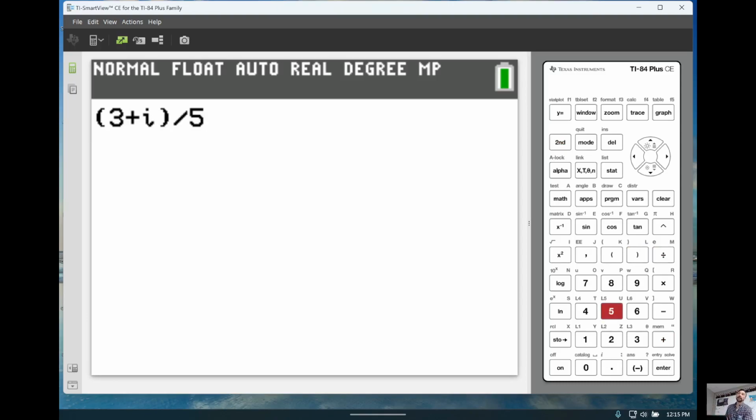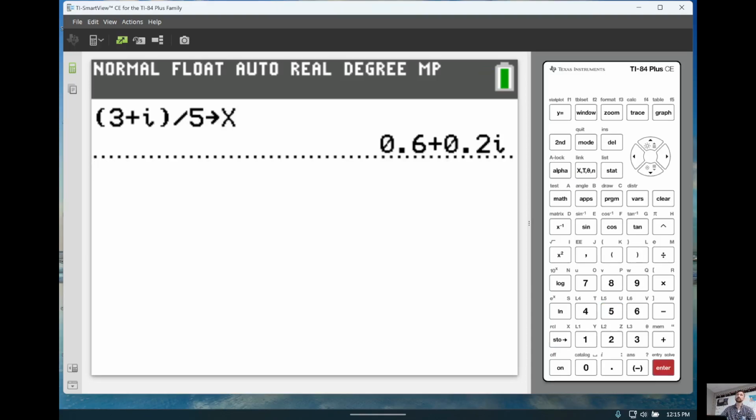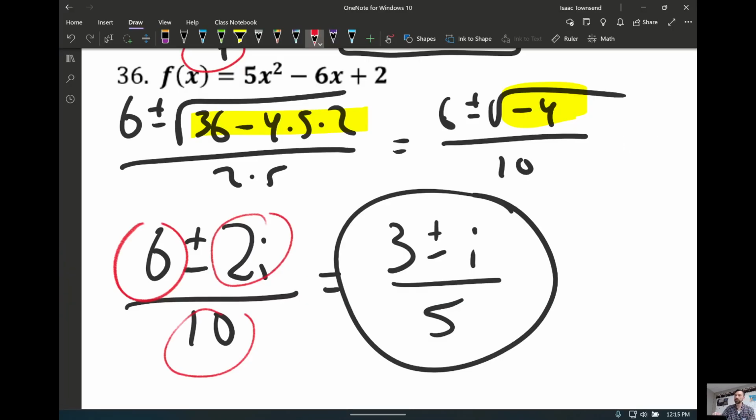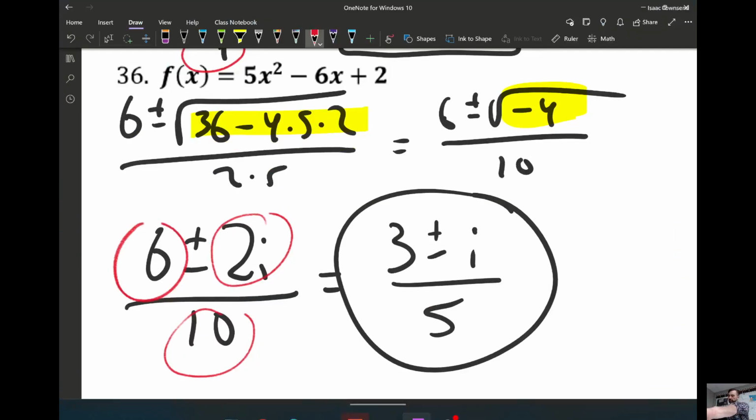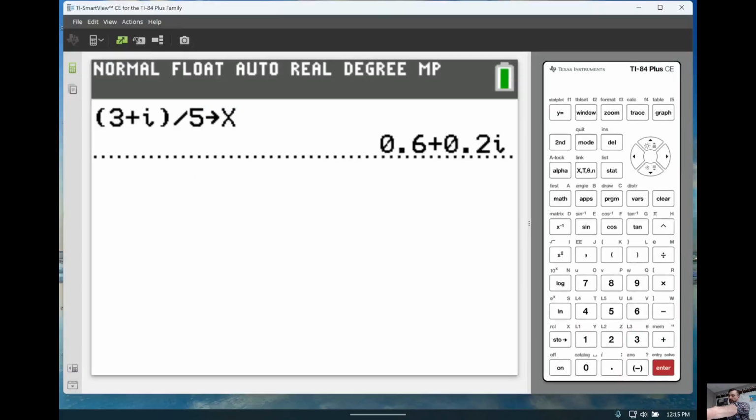Okay, if I think that is a solution, use the store button we've talked about a few times this year near the bottom left, and store that in for a variable like x. And if it's really a solution, it should make 5x squared minus 6x plus 2 equal to 0.